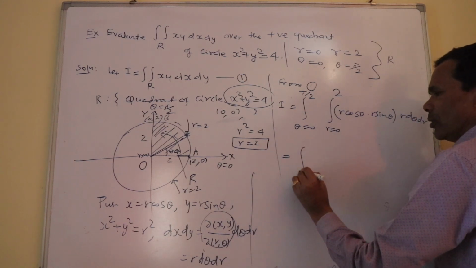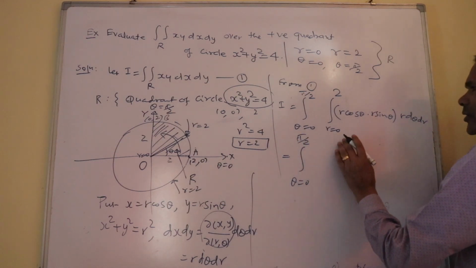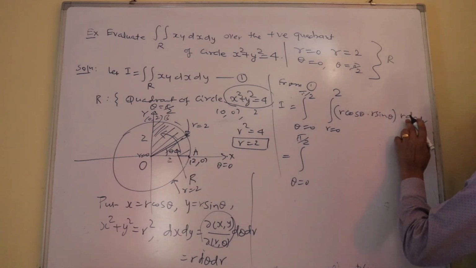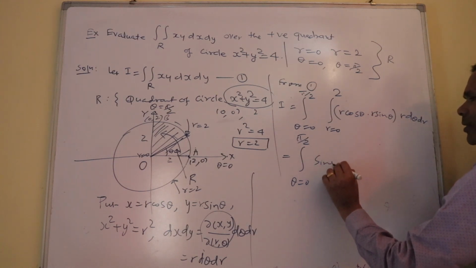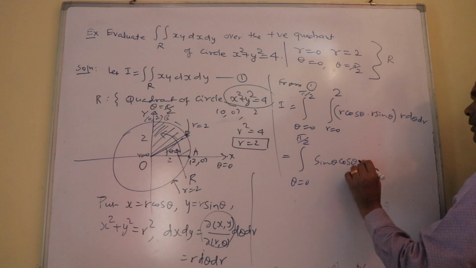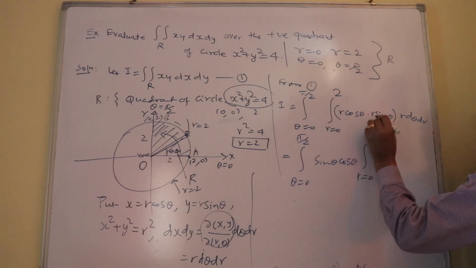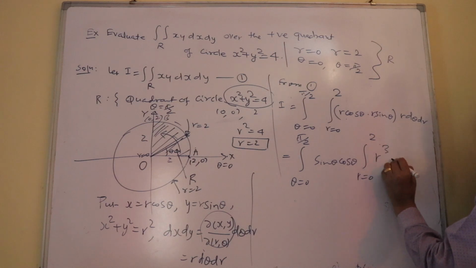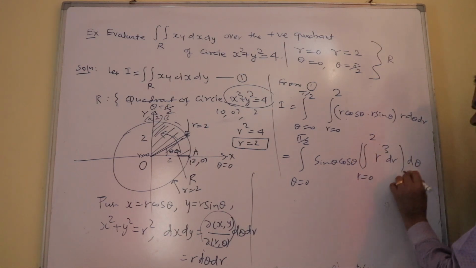It is theta from 0 to pi by 2. I put this in variable separable form: r cube sin theta cos theta. So sin theta cos theta, and r from 0 to 2 of r cube dr, and then to be integrated with respect to theta.